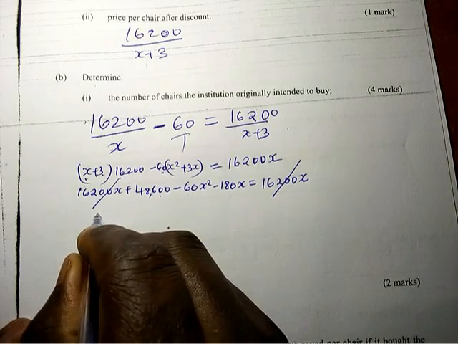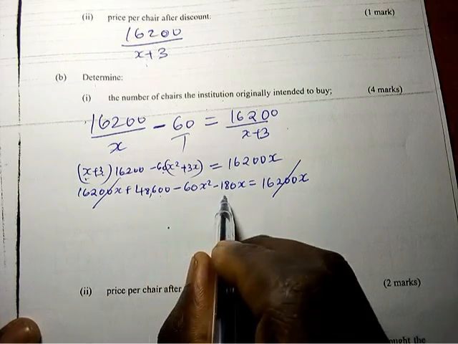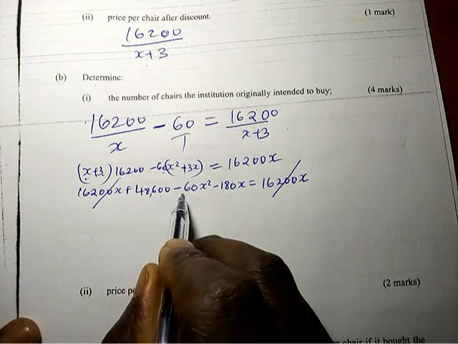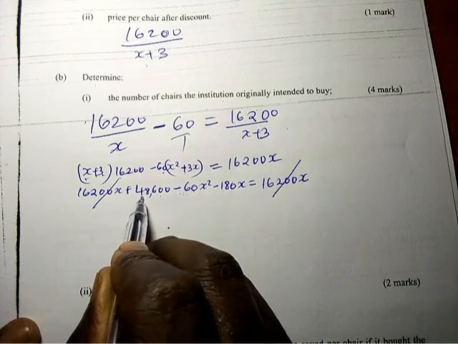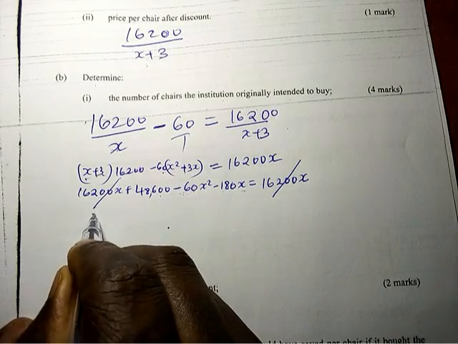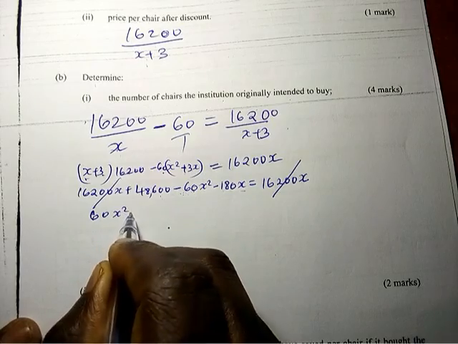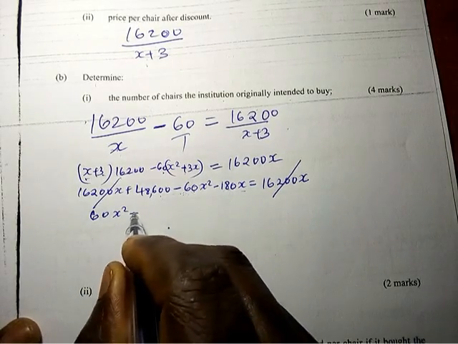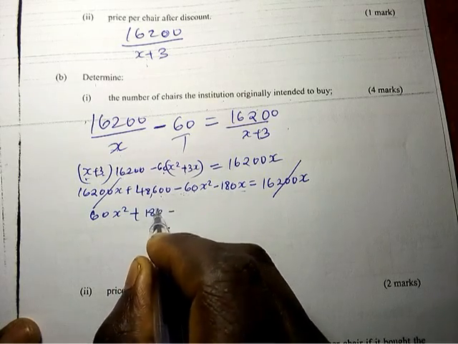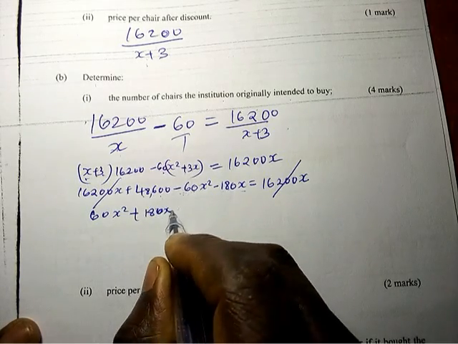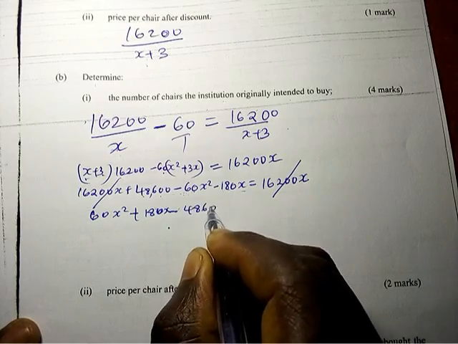So now we will rearrange this one, and I want to change the sign of this one to be positive by dividing by negative everywhere. So I will have 60x squared plus 180x minus 48,600 equal to 0.